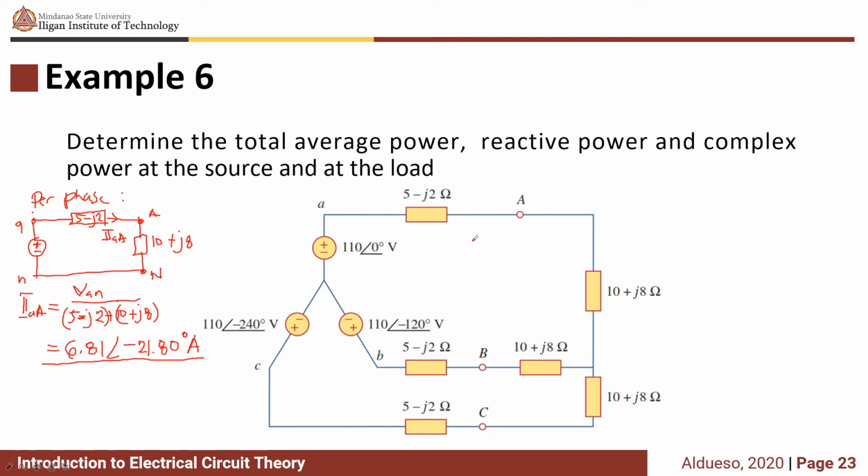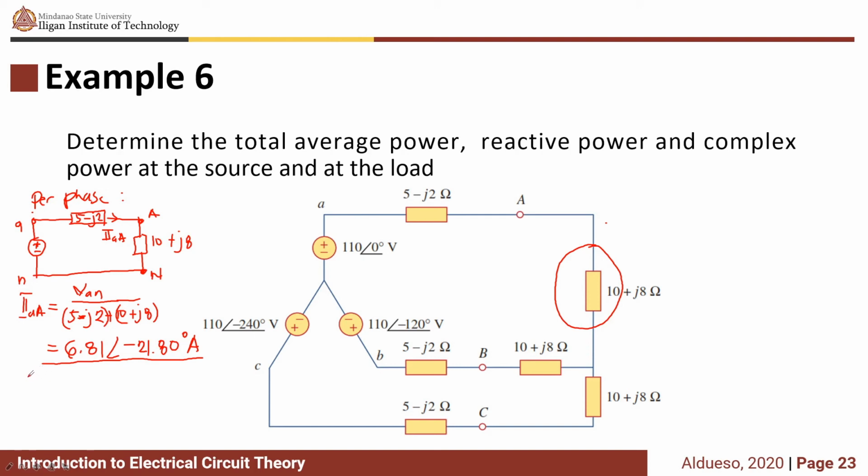So for a balanced system, we can get the total power by getting only the power of one phase, and we multiply it by 3. So having the value of IAA, we can now solve for the total complex power of the source and of the load.